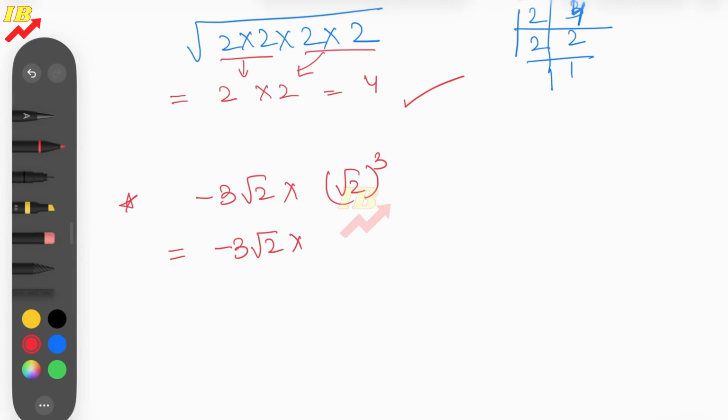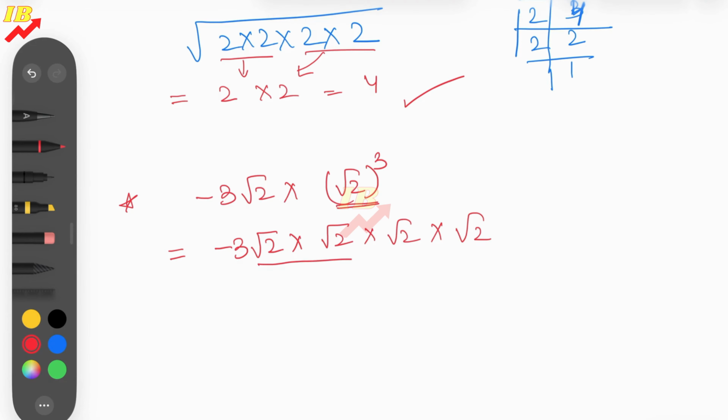I wrote the same thing because this is already in the expanded form, which is negative 3 root 2, and then I can write root 2 times root 2 times root 2, as it is occurring three times in this expression.